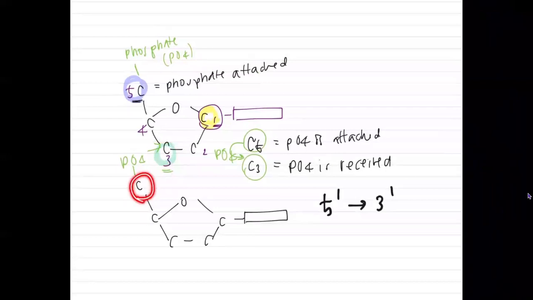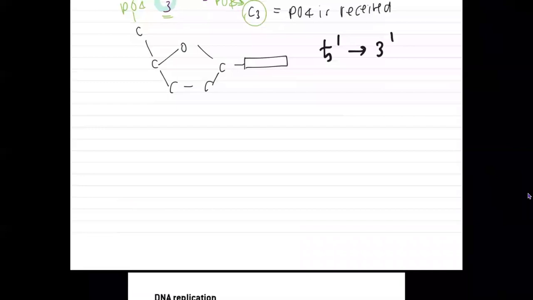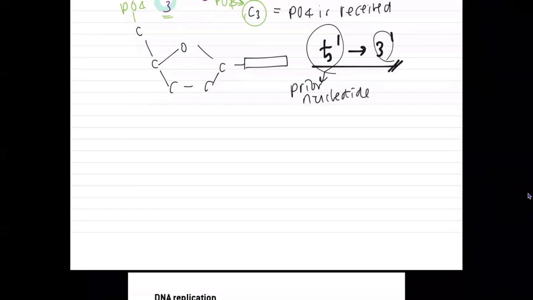5 carbon of the nucleotide is going to attach into the next nucleotide at the 3. So it's 5 of the prior nucleotide to the 3 of the next nucleotide, right? So here we have to remember that when we say it's 5 to 3, it's 5 of the prior nucleotide to the 3 of the next nucleotide.